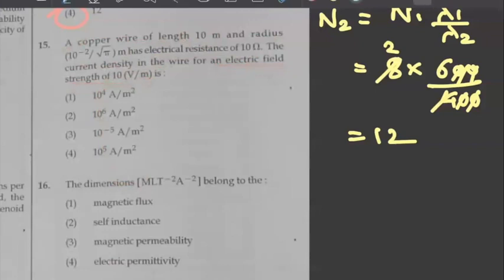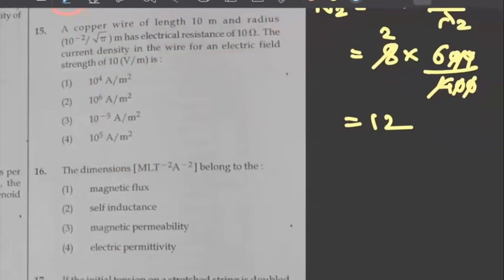So let's start with resistance because there is no direct relationship here. Let's begin with what we know.